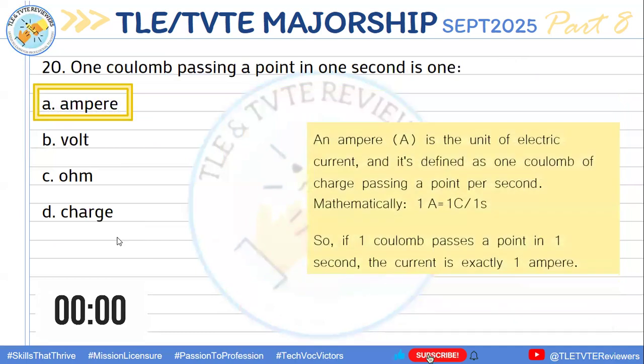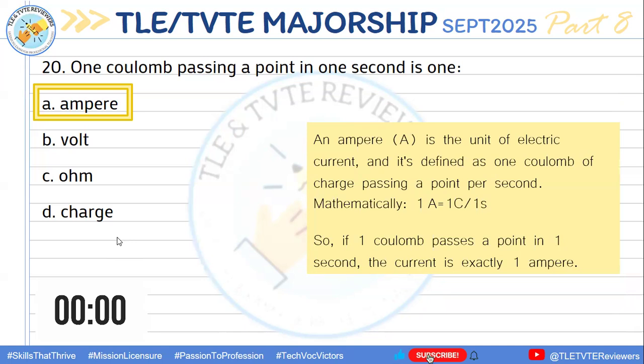An ampere is the unit of electric current, and it's defined as one coulomb of charge passing a point per second. Mathematically, that's 1 ampere equals 1 coulomb per 1 second.